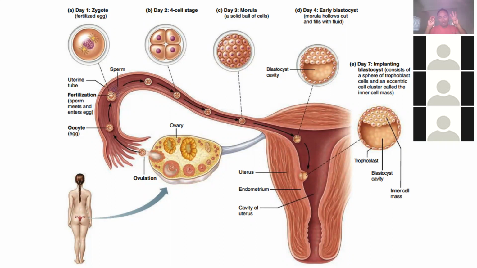So our uterus has three layers: the endometrium, the myometrium, and the outermost perimetrium. And this is the inner uterine cavity. This portion of the uterine cavity is called the cervix. I believe we all know that. Cervix.